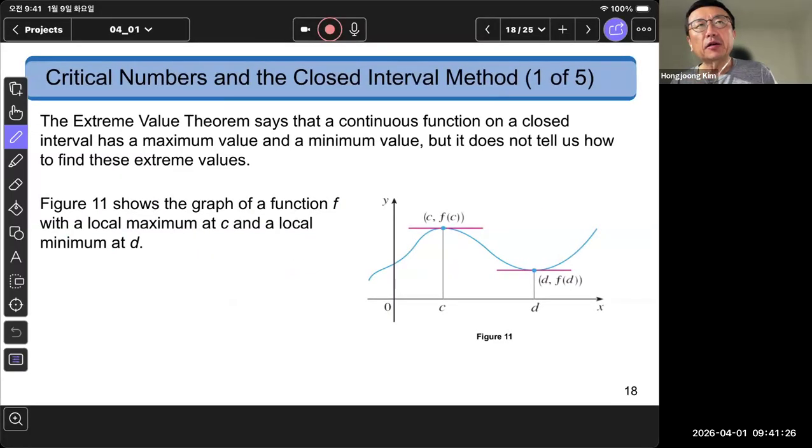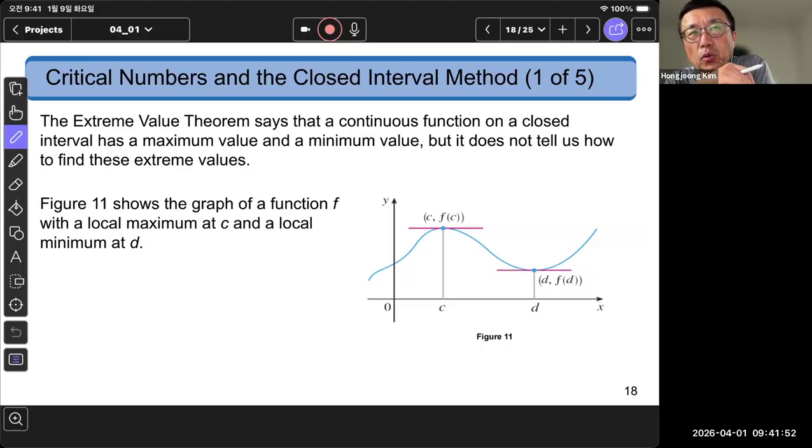Now, let us consider the following figure 11. Okay. So the extreme value theorem says that a continuous function on a closed interval has a maximum and a minimum value, but it does not tell us how to find these extreme values. Now, let us look at figure 11. So at C, we have a local maximum, and at D, we have a local minimum.